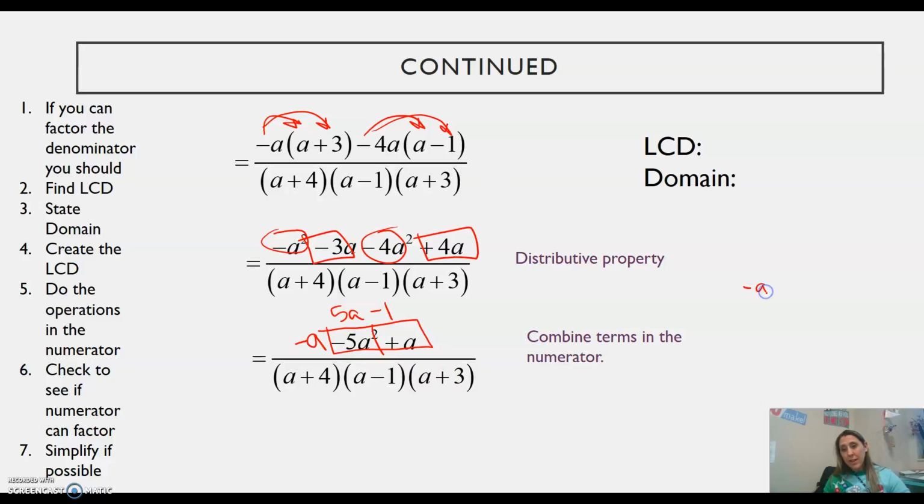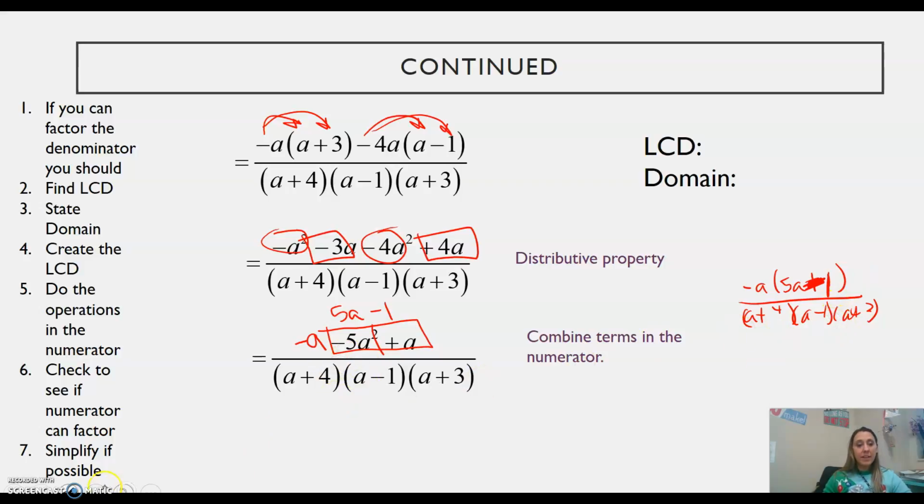So negative a times 5a minus 1, all over a plus 4, a minus 1, a plus 3. Okay, nothing simplifies. I don't have any big ones.